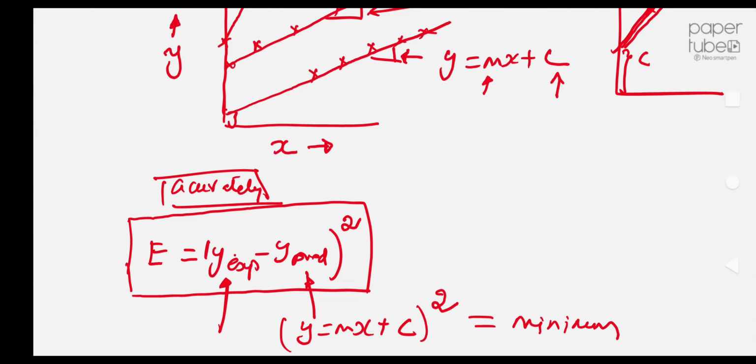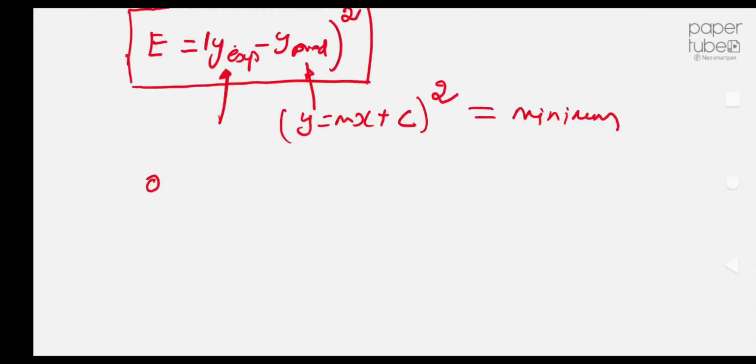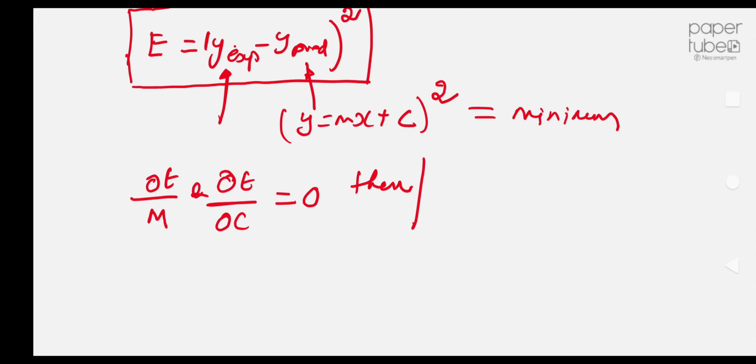So how do you make sure that the error will be minimum? To ensure this, the change in error with respect to the constant m, and the change in error with respect to the constant c, if those are equal to 0, then the error is said to be minimum.